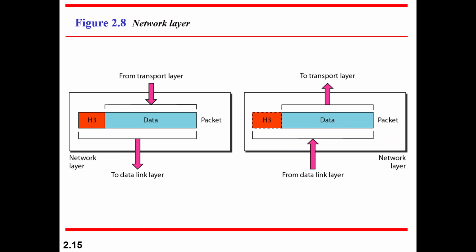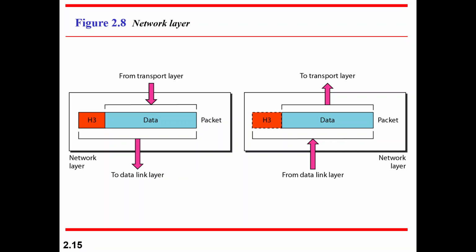If two systems are connected to the same link, there is usually no need for a network layer. However, if the two systems are attached to different network links with connecting devices between the networks or links, there is often a need for the network layer to accomplish source to destination delivery.